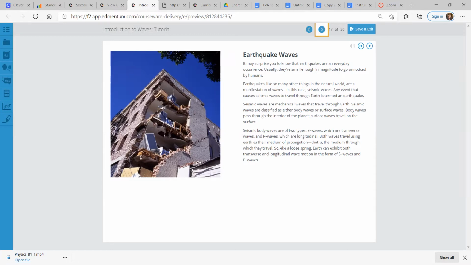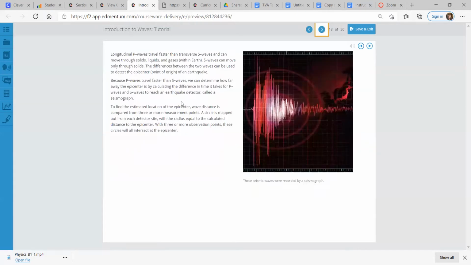That is the medium through which they travel. And they can exhibit both of these forms. Longitudinal P waves travel a little faster than transverse S waves, and they can move through solids, liquids, and gases within Earth. S waves can move only through solids, so that's important to note.